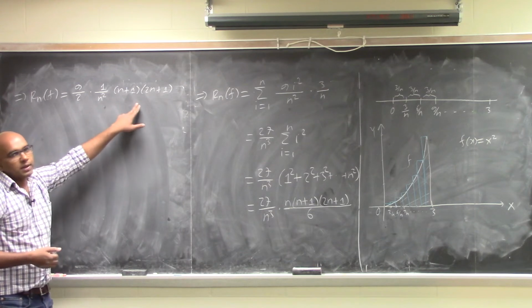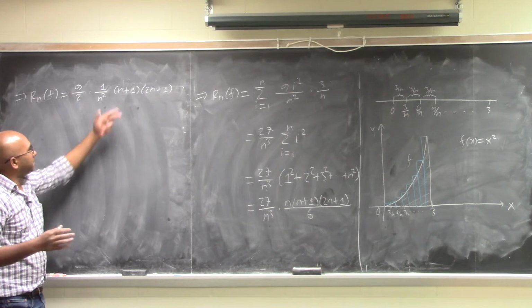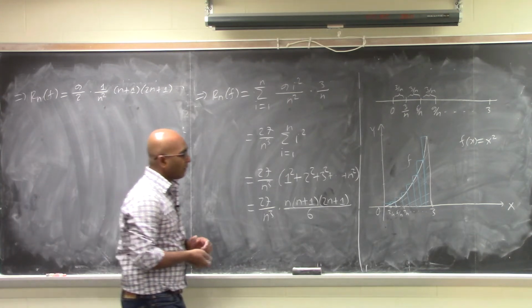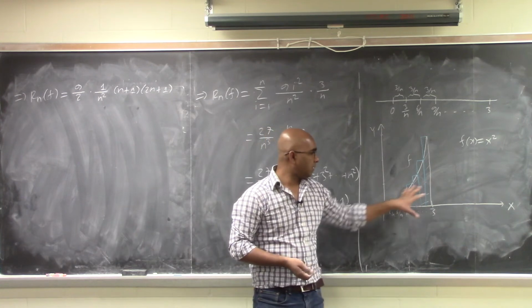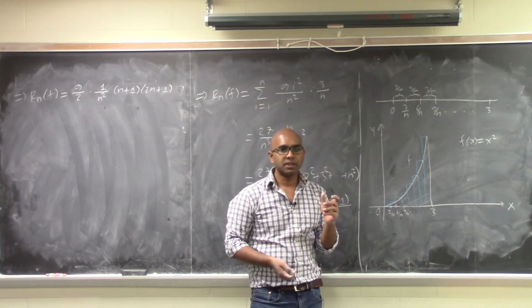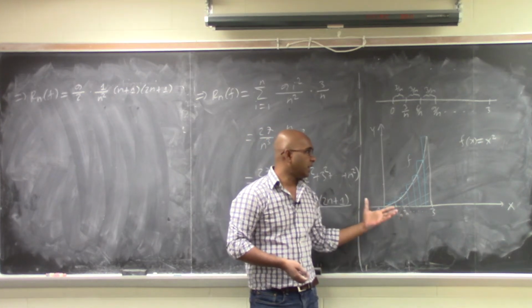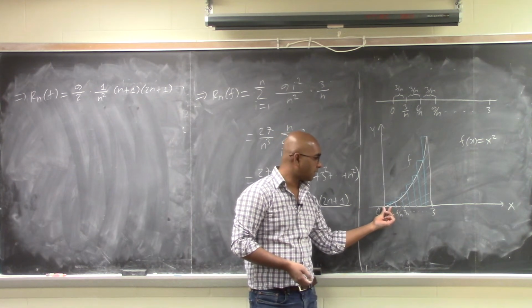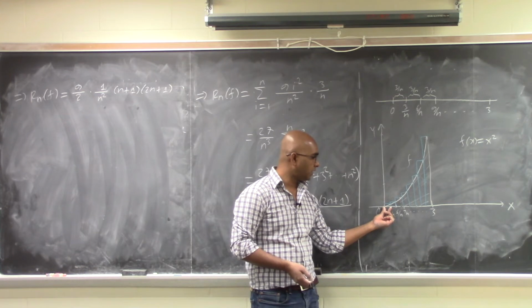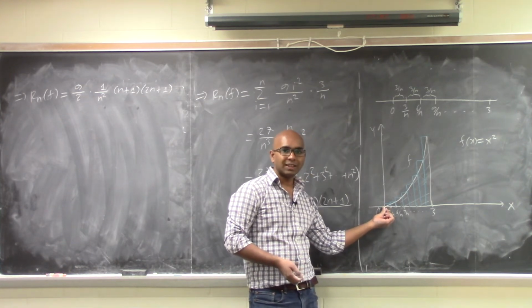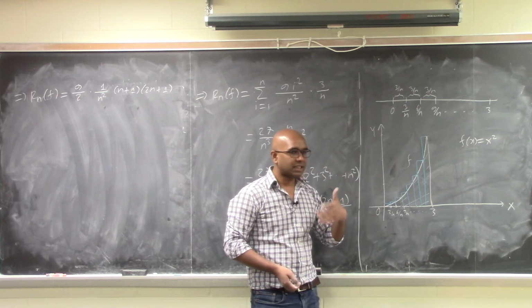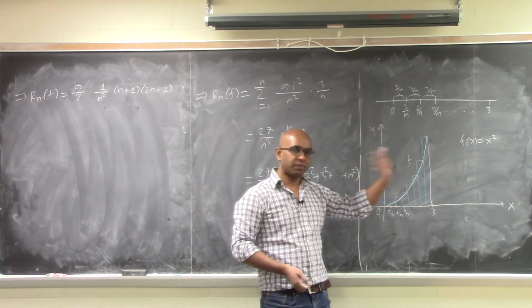Okay, so here's the thing. This is the Riemann sum when I have n subintervals. But in order to calculate the integration, I need to make my subintervals of really, really small length, right? In other words, I need to let n grow to infinity.